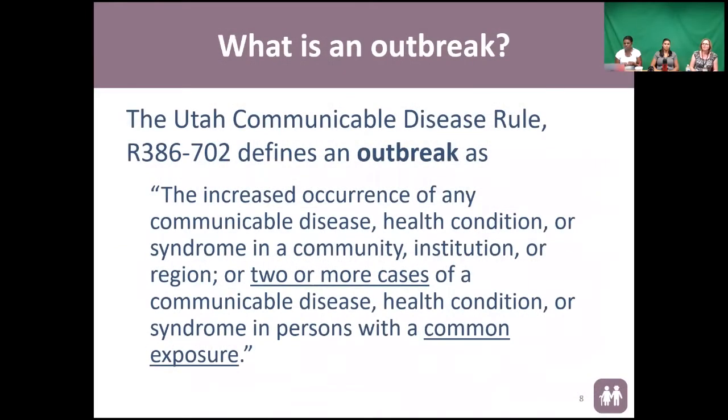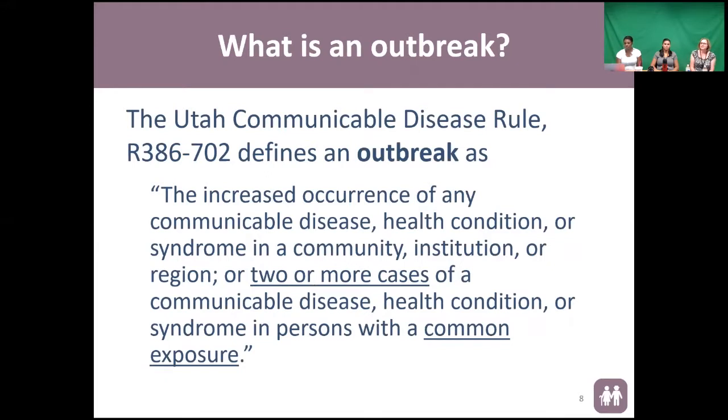What is an outbreak? The Utah Communicable Disease Rule defines an outbreak as the increased occurrence of any communicable disease, health condition, or syndrome in a community, institution, or region, or two or more cases of a communicable disease, health condition, or syndrome in patients with a common exposure.